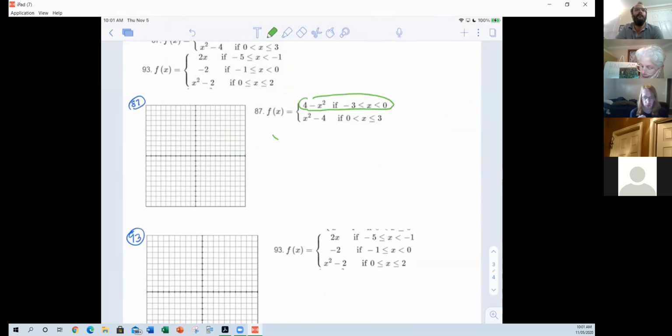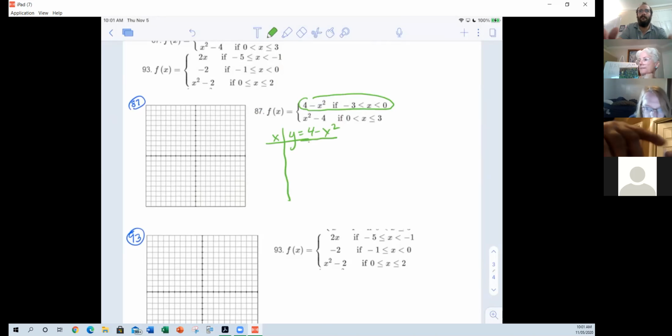So I go X and Y. And what should this look like? Part of a what? Reverse parabola. Part of a parabola, right. That's going downward because it's negative.